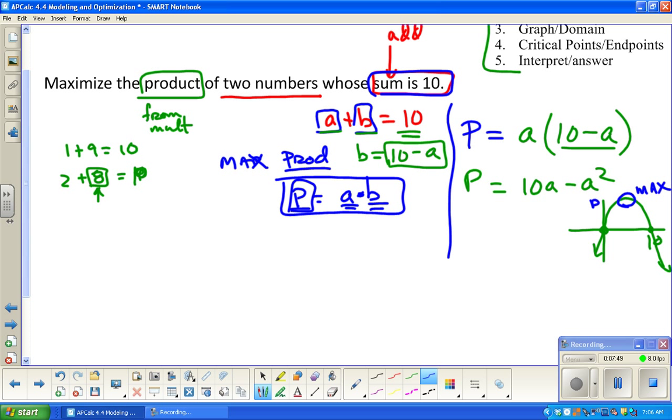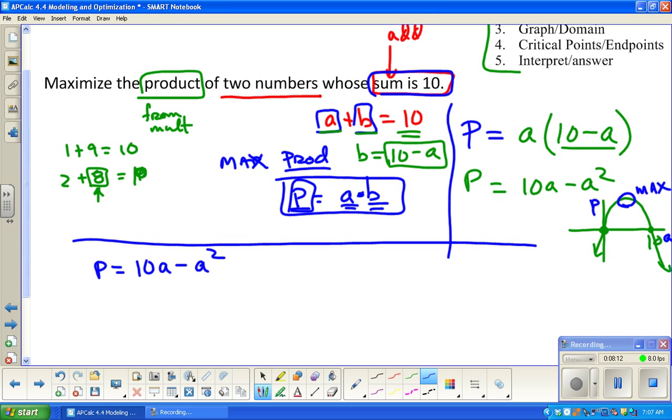Now keep in mind we're graphing the product and we're graphing A. This is not X and Y. I mean, it is, but think about how these fit. So I have this equation, P equals 10A minus A squared. I know some of you are going to rearrange that.